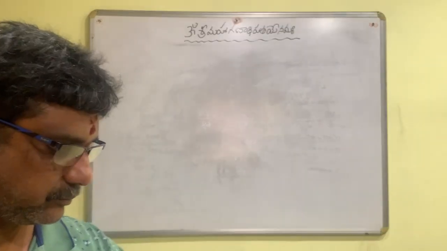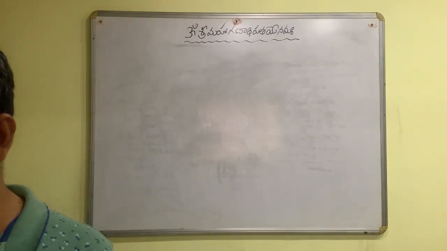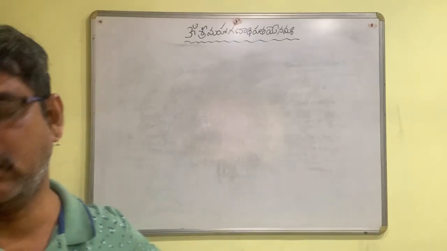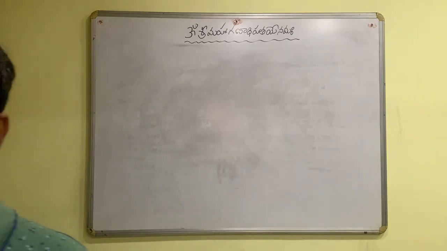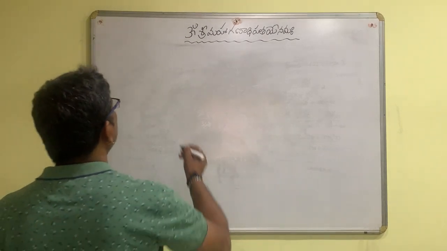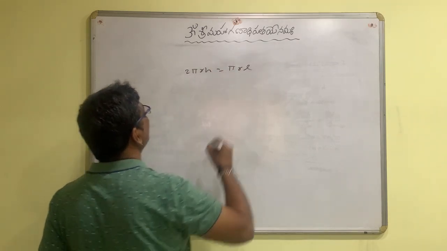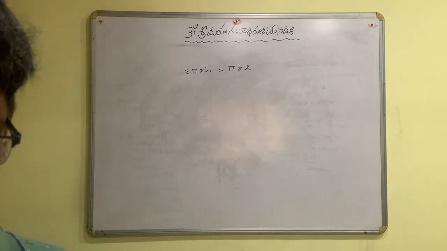Next question. The base radii of a cone and cylinder are equal, means a cone and cylinder both have the same radius. If their curved surface areas are also equal, what does it mean? 2 pi r h is equal to pi r l.